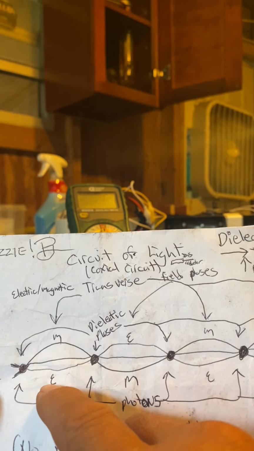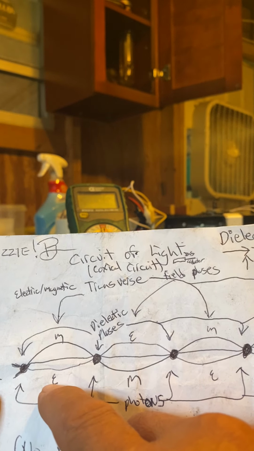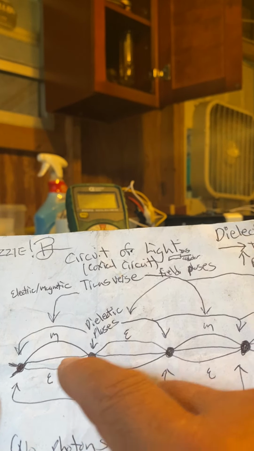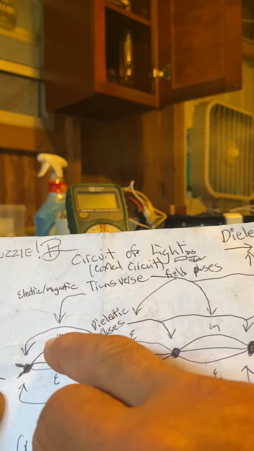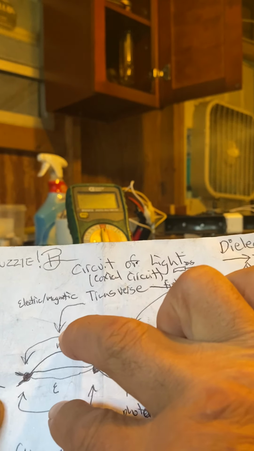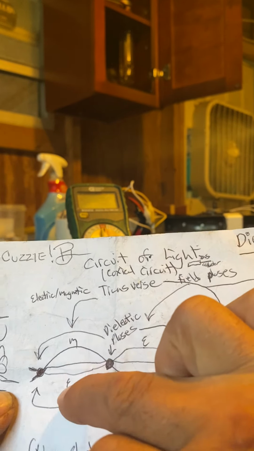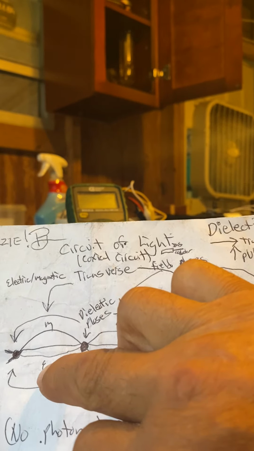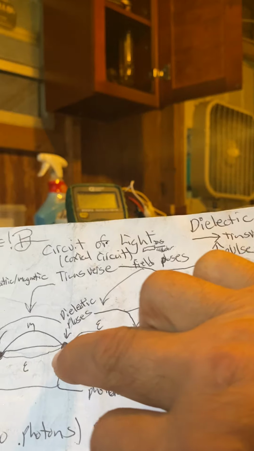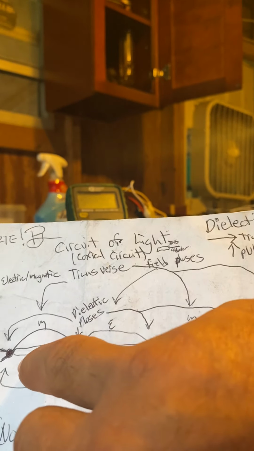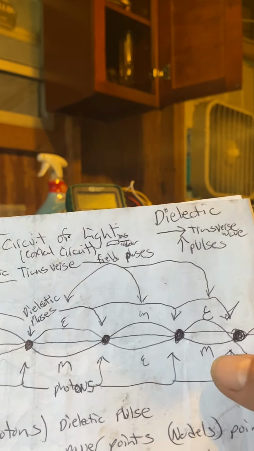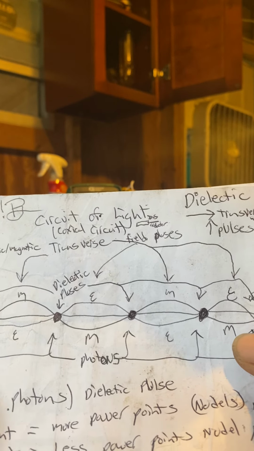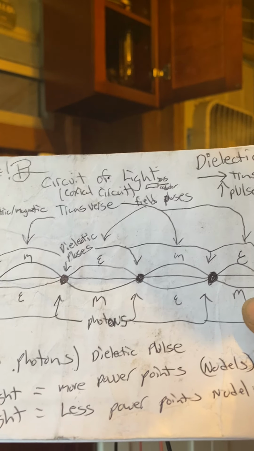You are having your electrical and your magnetic poles here, like your question, Skybolt, and these will flip on every time it hits a nodal point, and the nodal point is like a neutral point.